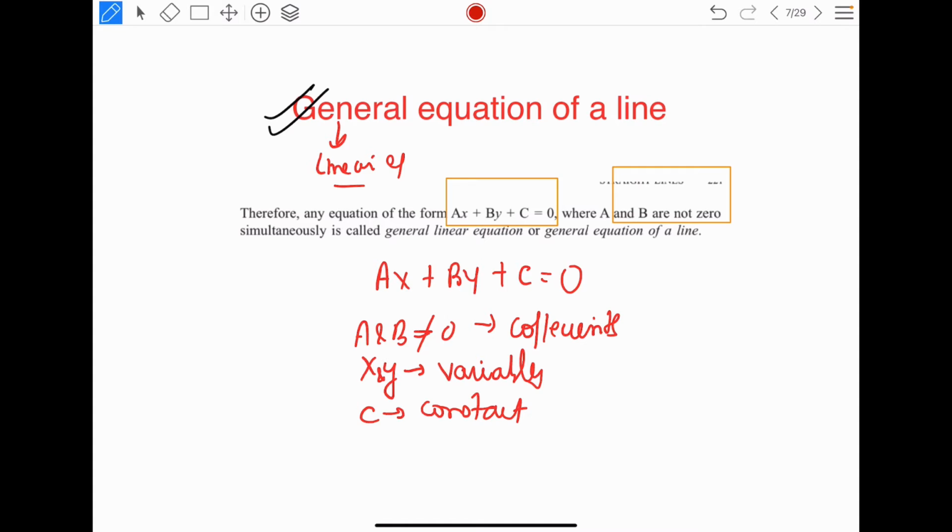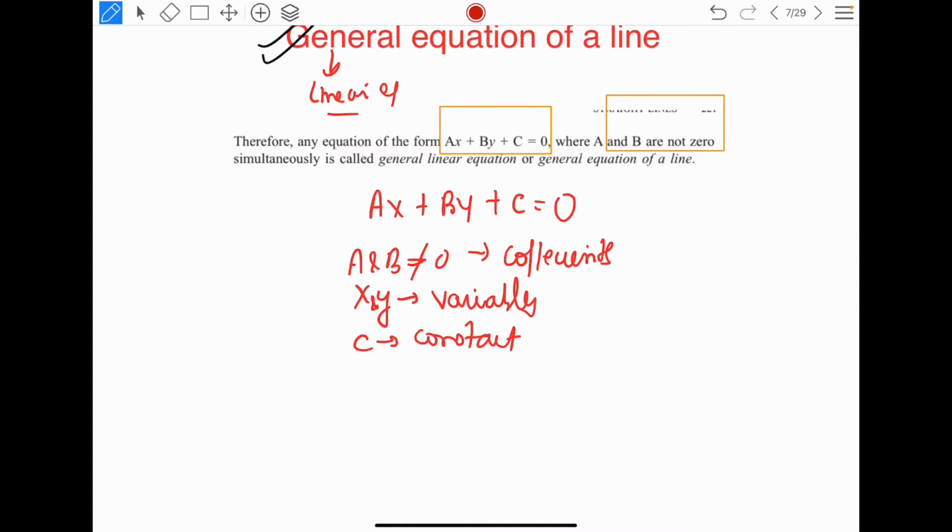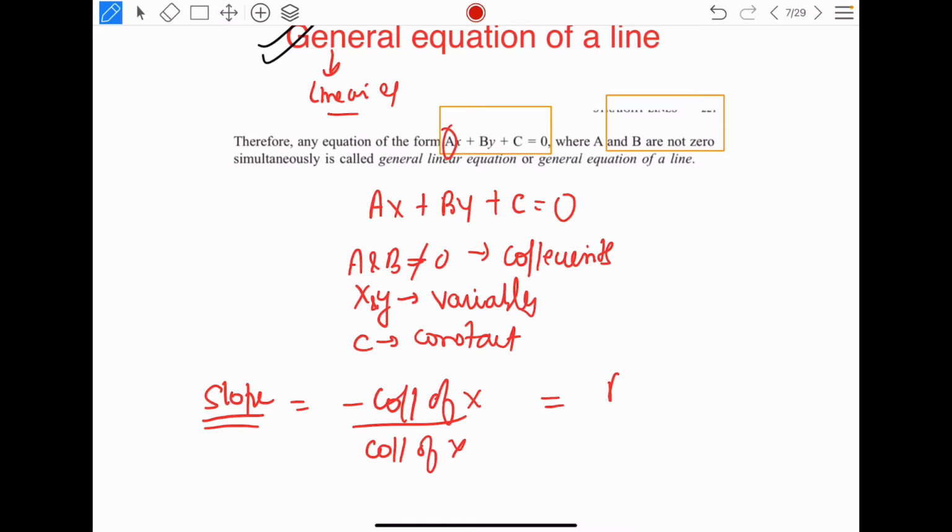This is very important. From this general equation you can have another formula of slope. The formula of slope is minus coefficient of x upon coefficient of y. What is the coefficient of x? a, and the coefficient of y is b.